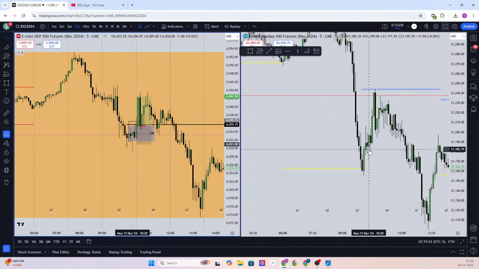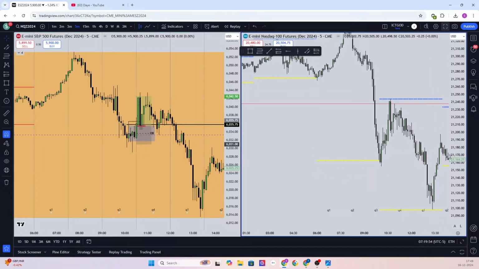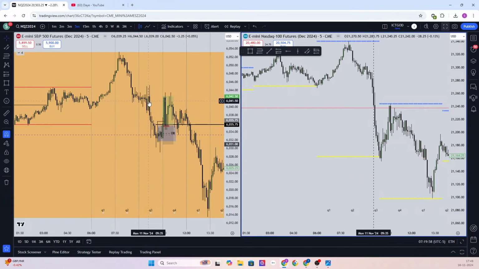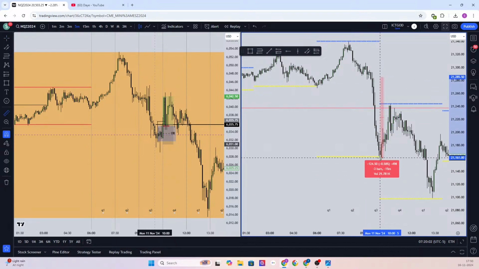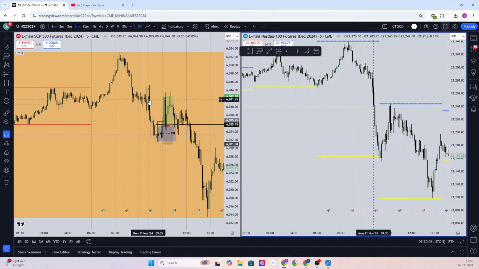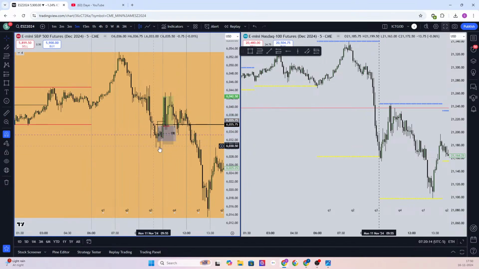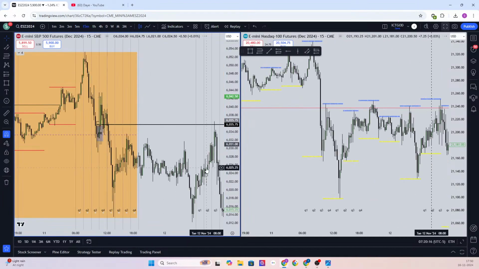But I wouldn't have entered NQ because NQ was weak that day. This was kind of holding, but NQ dumped more than ES. NQ dumped almost 59% from the same point. Definitely ES was stronger.